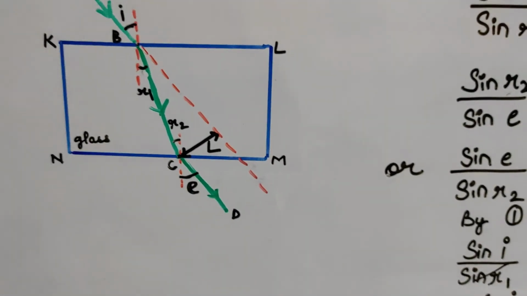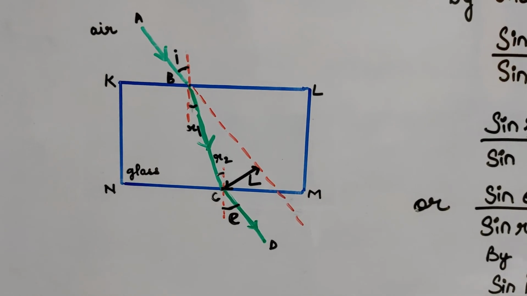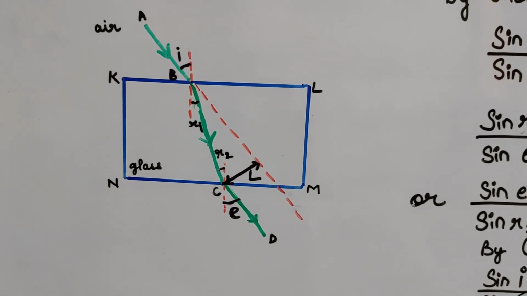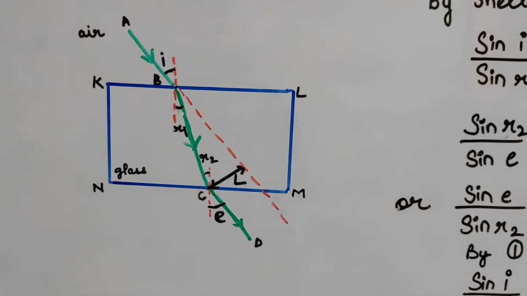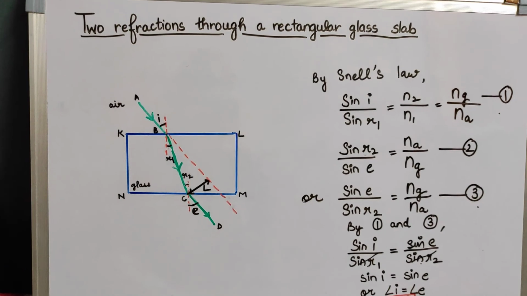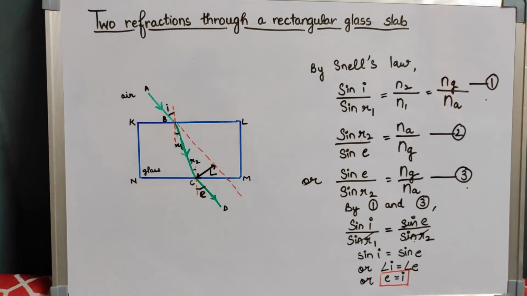This perpendicular distance between the forward extended incident ray and the emergent ray is known as lateral displacement. I hope you understood the concept of two refractions through a rectangular glass slab and the concept of lateral displacement.